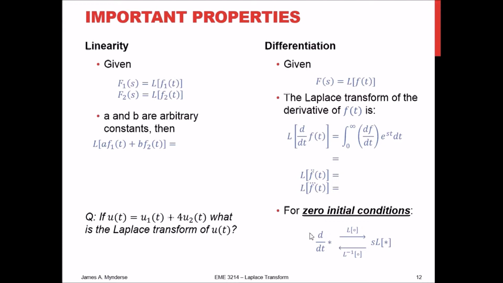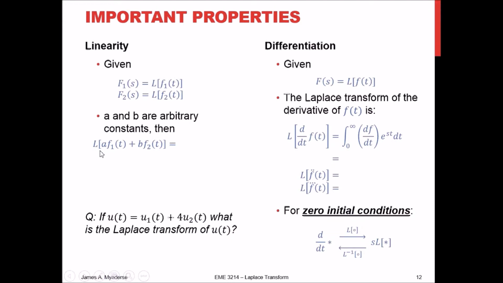The Laplace transform has some very important properties that we will use, which will help us in solving differential equations. Given that we have two functions of time, f1 of t and f2 of t, and that their Laplace transforms are capital F1 and capital F2, and a and b are arbitrary constants, then this equation holds.